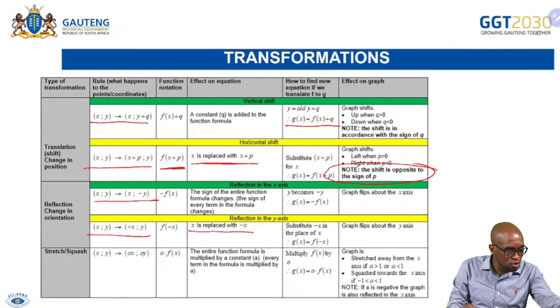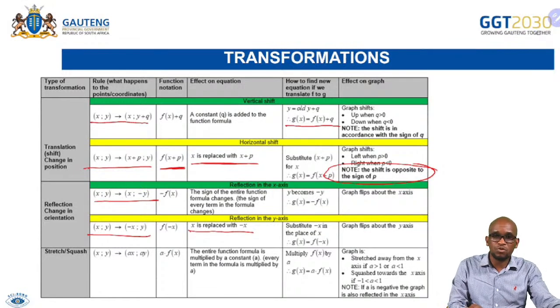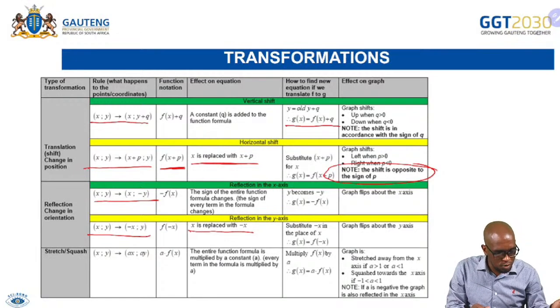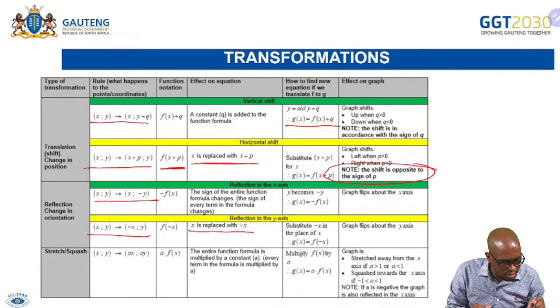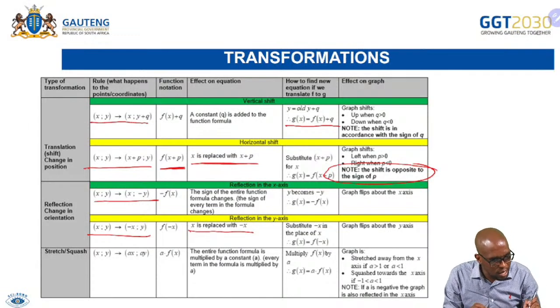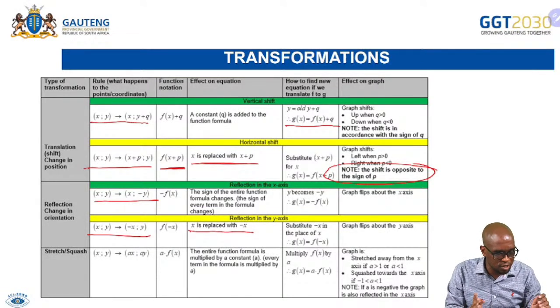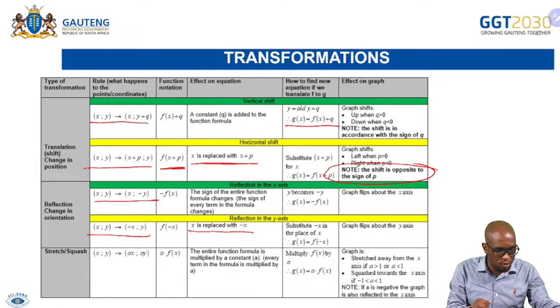Now to stretch or to squash, what we basically do is we multiply all the terms in that equation by a constant factor of a. We can see the effect here that if a is positive, the graph is stretched away from the x-axis. If a is negative, it also stretches away from the x-axis.